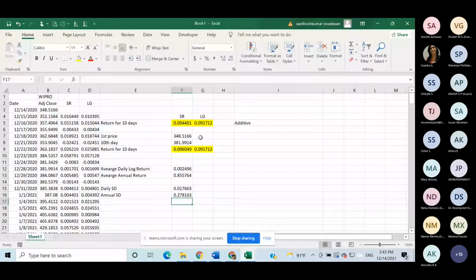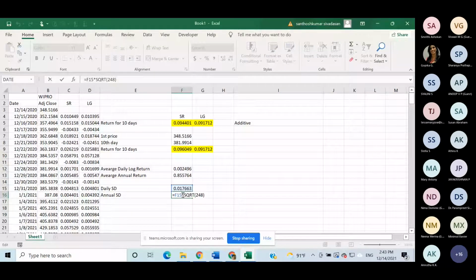We have found the daily standard deviation, and we have annualized it using daily standard deviation into square root of the number of trading days in a year, normally 250 or so, because we have taken 1 year of data. That gives 248 data points, meaning 248 or 249 days, no problem.